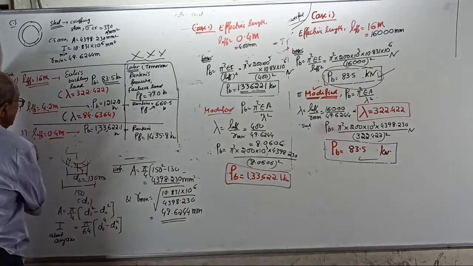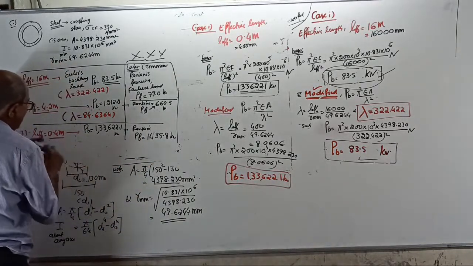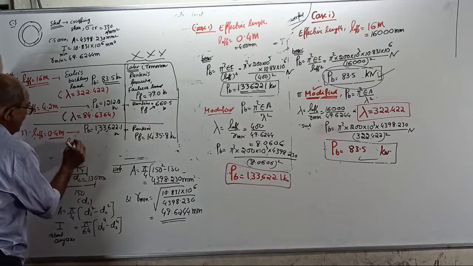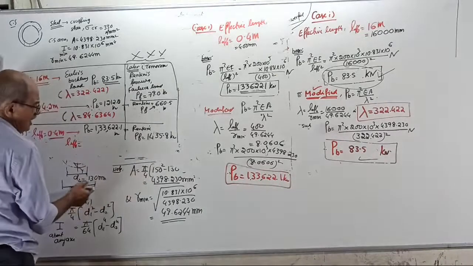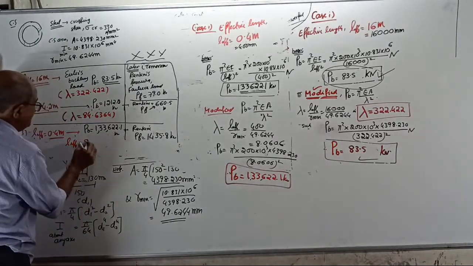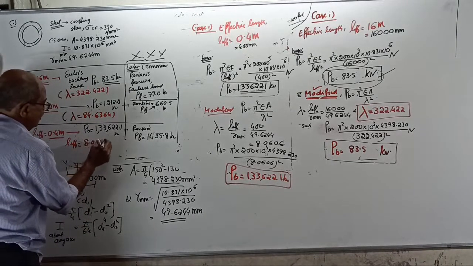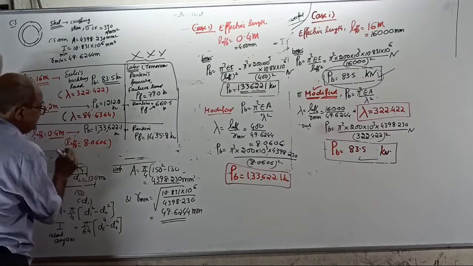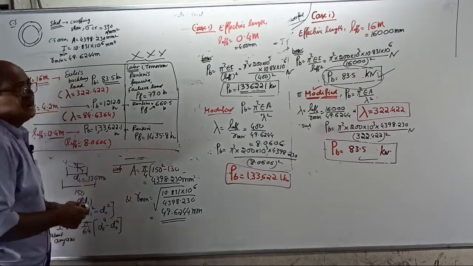Okay. And here your lambda came abnormally low value. Only lambda came. Where is lambda? 8.0606 came. Is this result fully clear now?